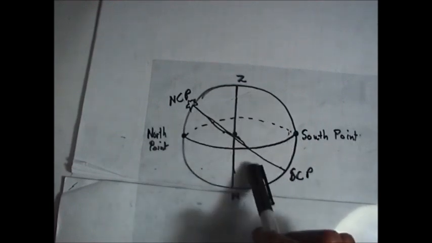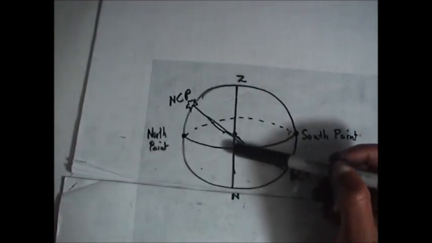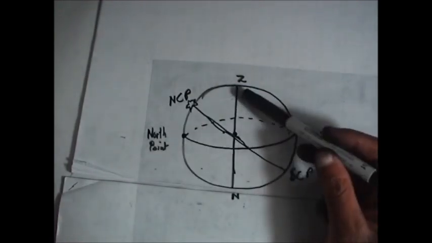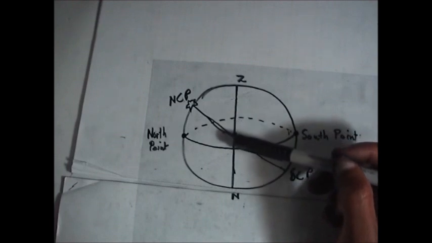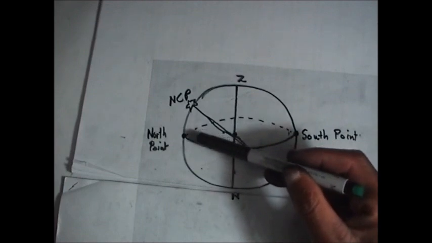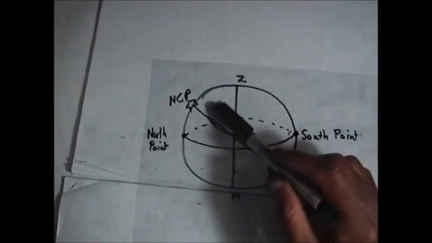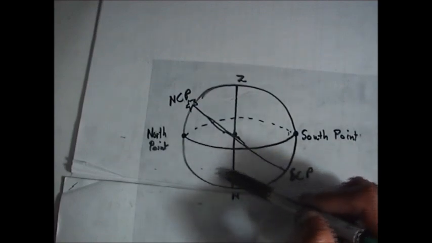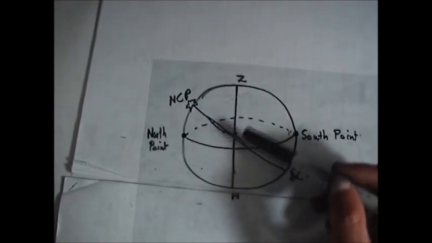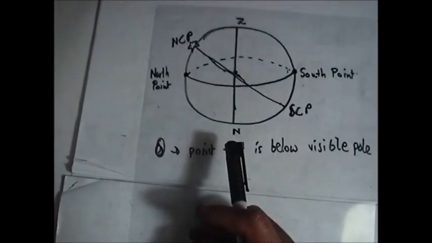Anything that is below here, this observer is not going to see, because they can see anything that is above the horizon all the way up to the zenith, because the zenith is on top of them, and this nadir is below them. So anything from the horizon all the way up to the zenith, they will be able to see. But anything here, they cannot see, because they will only see the ground. They only see the ground when they face down.